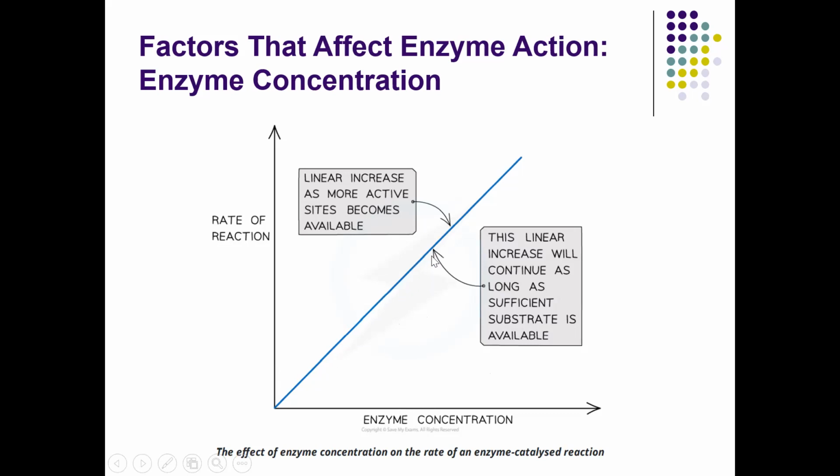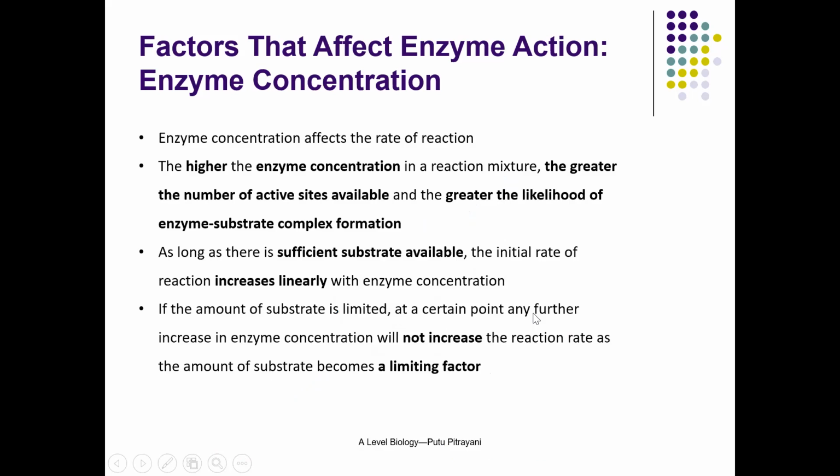The linear increase will continue as long as sufficient substrate is available in the reaction. As long as there is sufficient substrate available, the initial rate of the reaction will increase linearly with the enzyme concentration, because there are more active sites available to bind with the substrate.